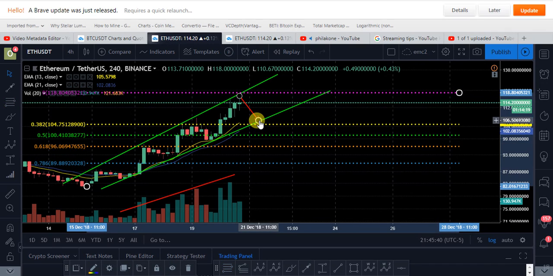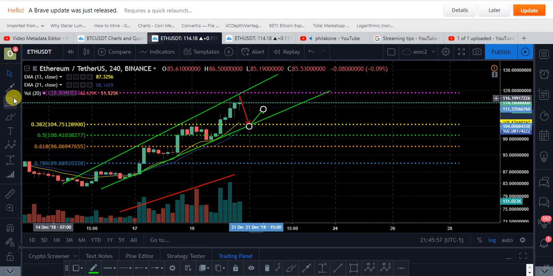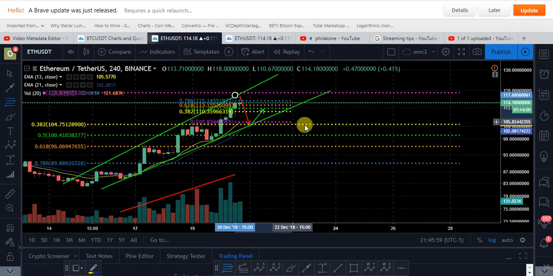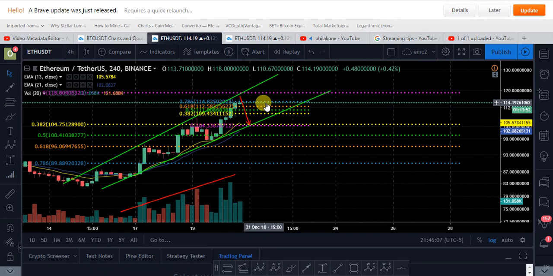So it would be right around 109 to 110. So it might be a very quick dump, right? And then followed by a retest of that area, so this way, like this. At least retest this area of 50%, right? 111.